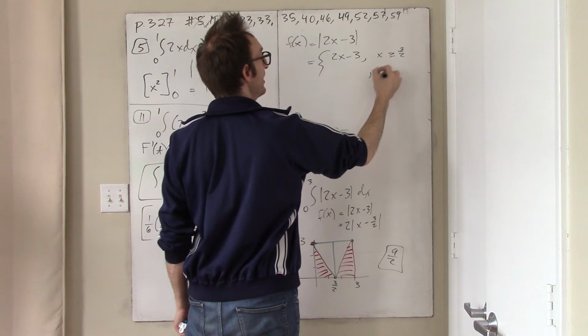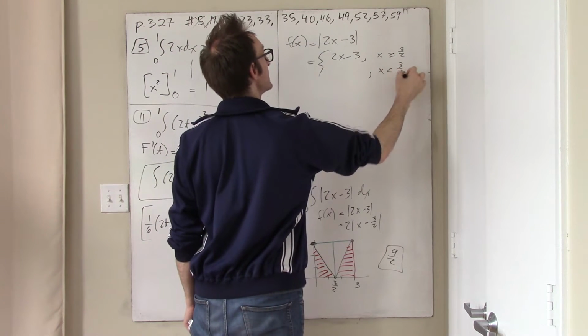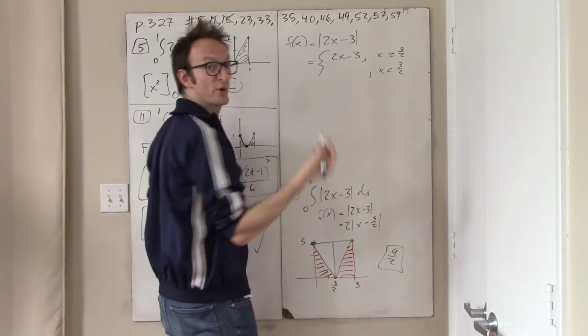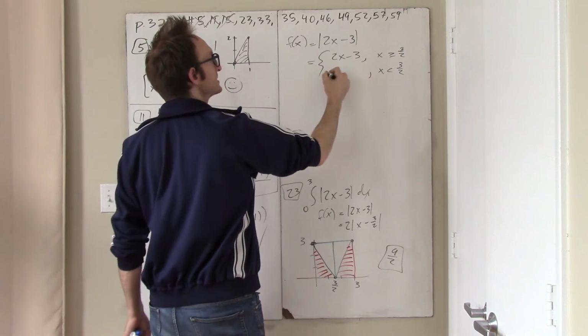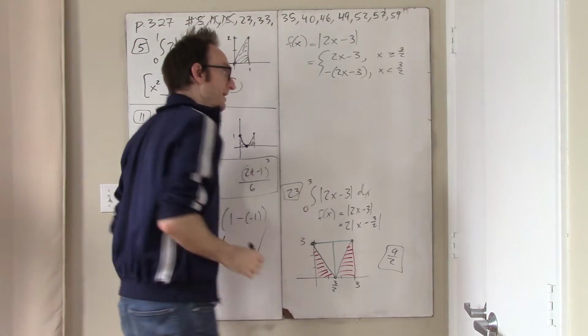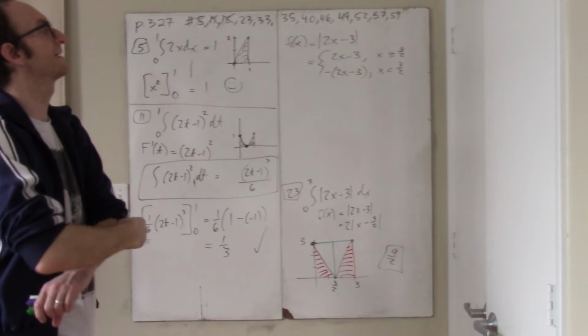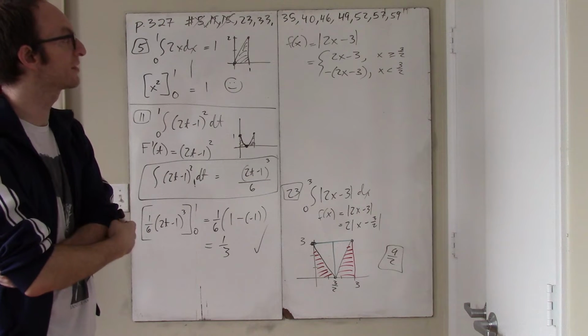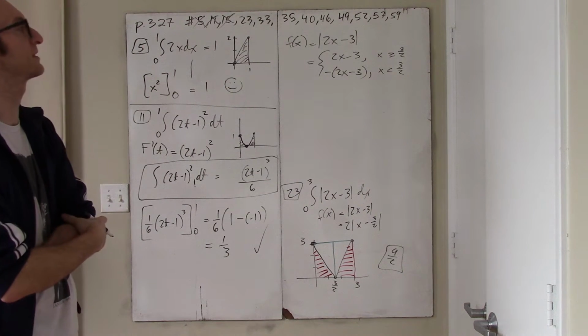On the other hand, if x is less than 3 halves, then by the very definition of absolute value, this is just pre-calculus now, this is negative 2x plus 3. In other words, the absolute value of something is that thing if the thing is positive, and it's the opposite of that thing if the thing is negative.